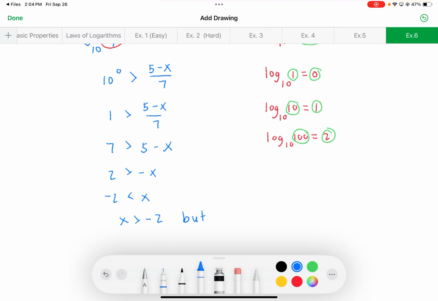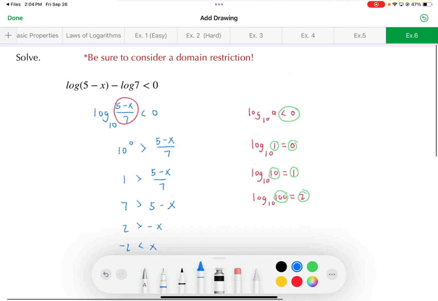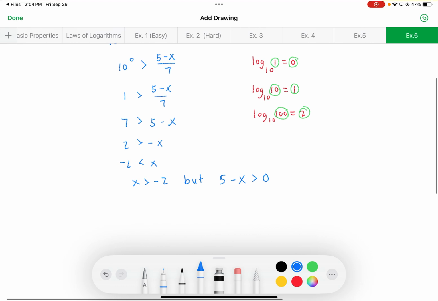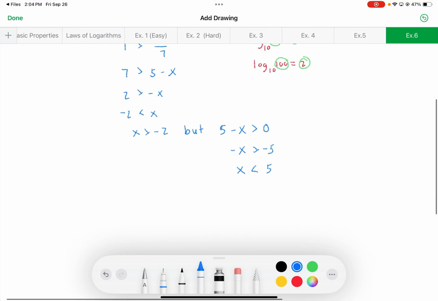So I'm going to go here. I'm going to say, well, the one logarithm had an argument of 5 minus x. I know that has to be greater than 0, right? So this is a domain restriction that I'm getting here. x has to be less than 5, right? So now I'm going to graph that with the x is greater than negative 2, and I'm going to look for the overlap of those.